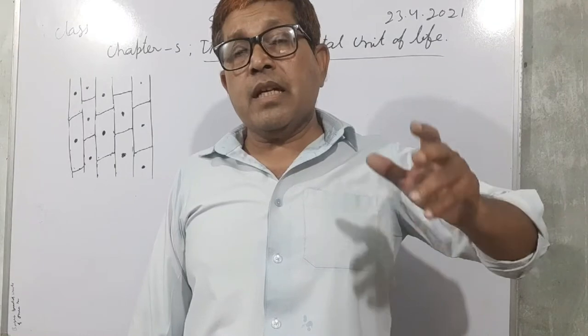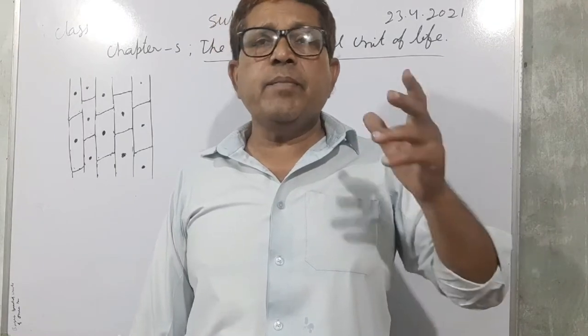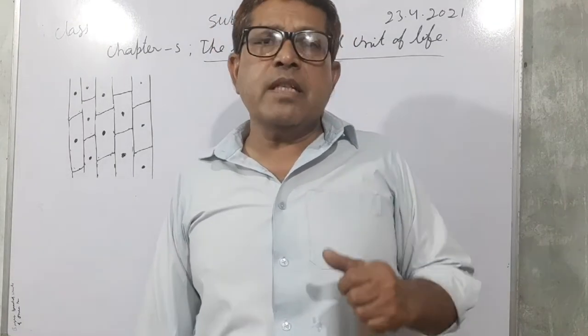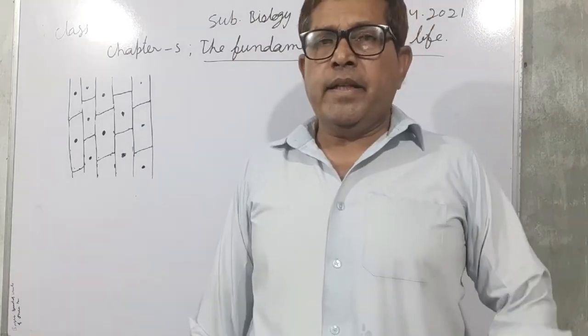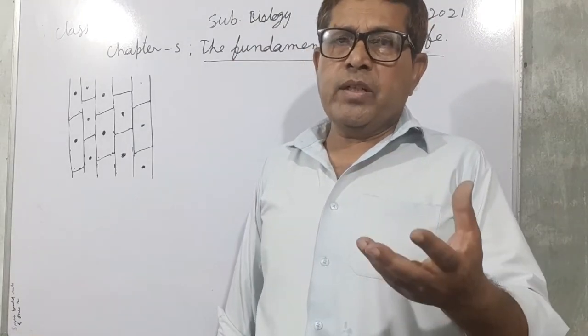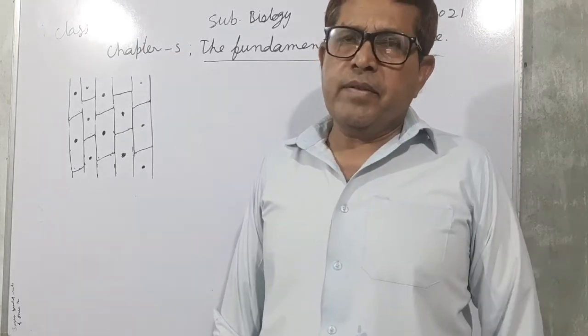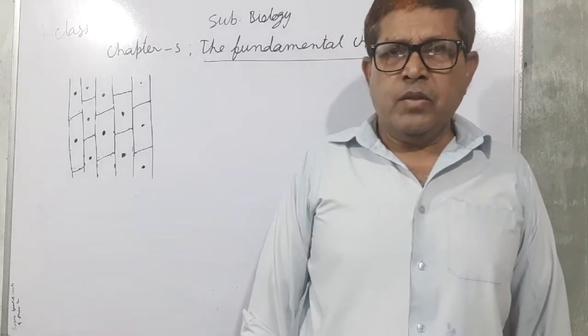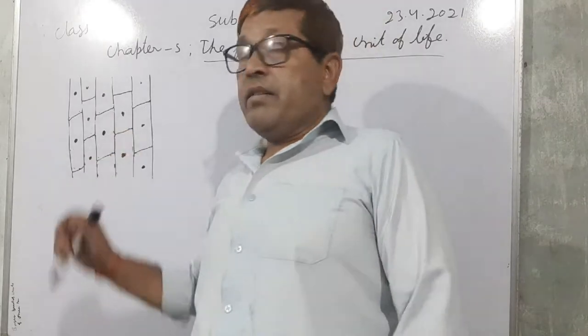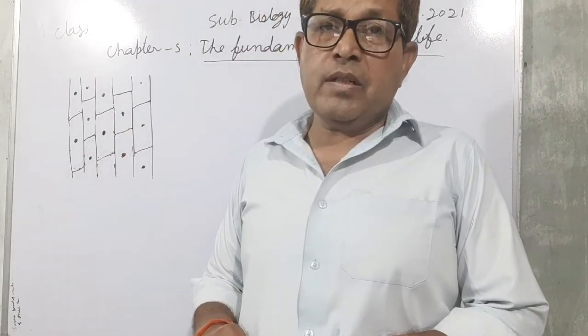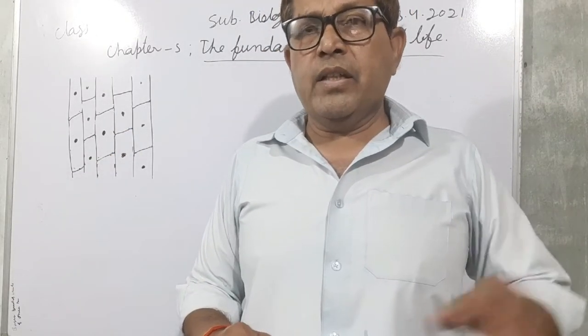The cells are of the same type. Either the onion bulb is very big or very small, we will find the same structure in all cases.